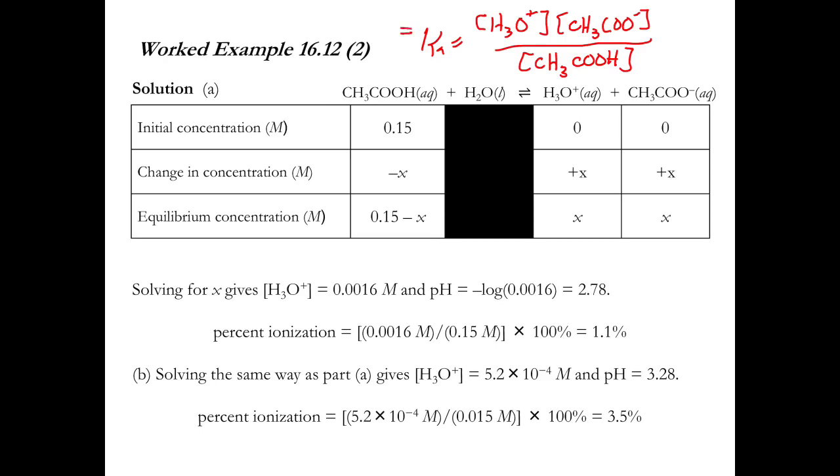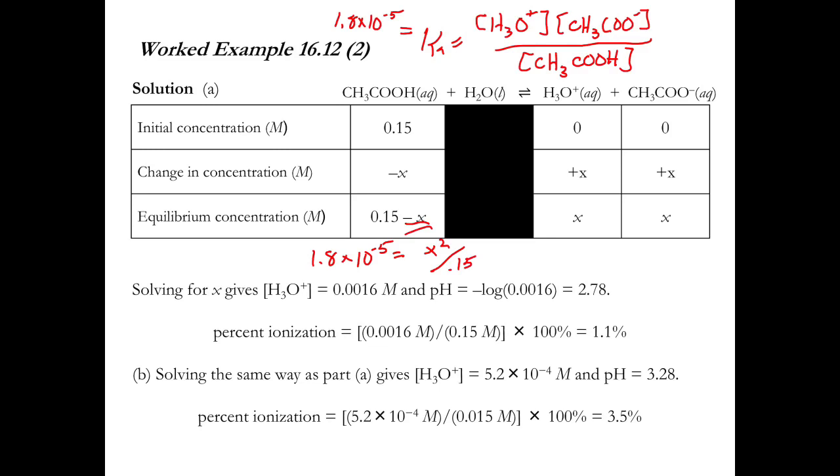We know the value for Ka is 1.8 times 10 to the minus 5. So 1.8 times 10 to the minus 5 should be equal to x squared divided by 0.15, assuming that we're neglecting that small x in our approximation.